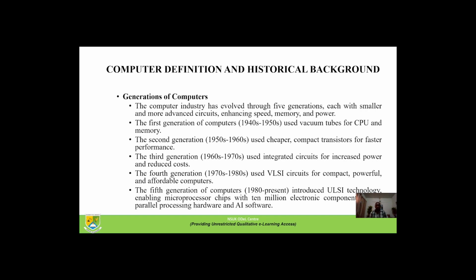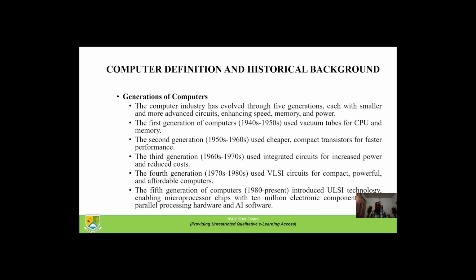The first generation of computers, around the 1940s to 1950s, used what are referred to as vacuum tubes for CPU and memory. But they had disadvantages, occupying a huge amount of space and generating heat.